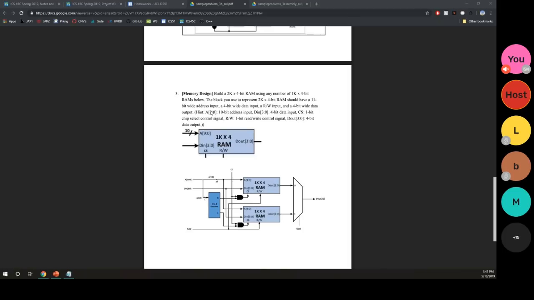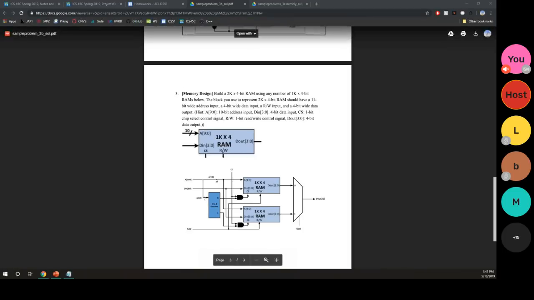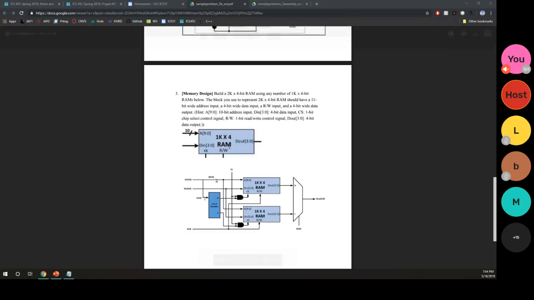Okay, for real quick, we're just gonna briefly look at this one because this talks about RAM, just so we have an idea of what to do with RAM. Because it isn't just read-only memory, it's random access memory. It's volatile. You can read from it, and you can write to it. In this case with RAM, you also still need to have the read-write signal, but it's different than the chip selector.